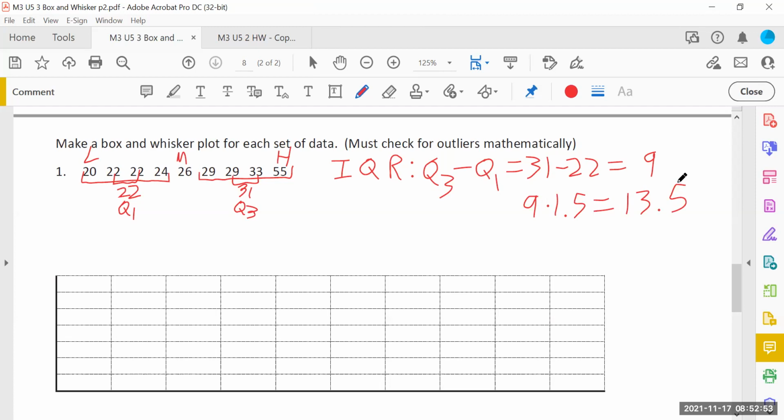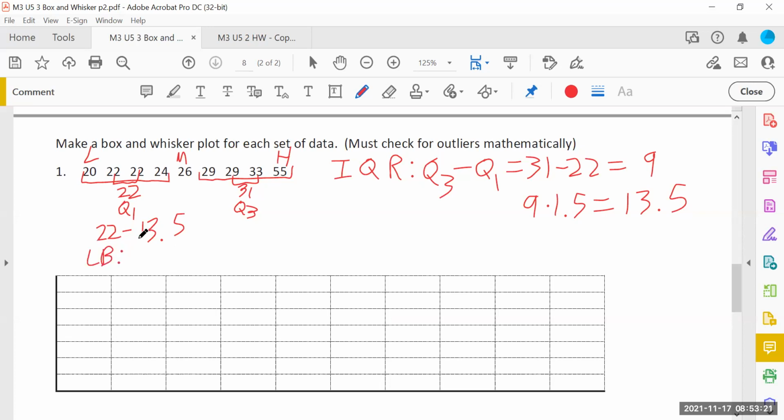Does everyone see that this is based off of the box? That's my width. Now I'm going to go below the box by that amount. So I'm going to take this value, 22, and I'm going to do 22 minus 13.5, which gets me 8.5. That's my lower boundary.